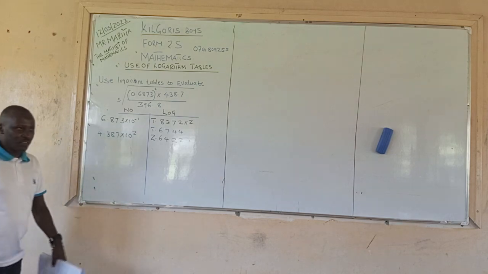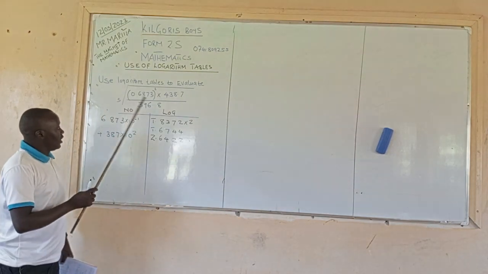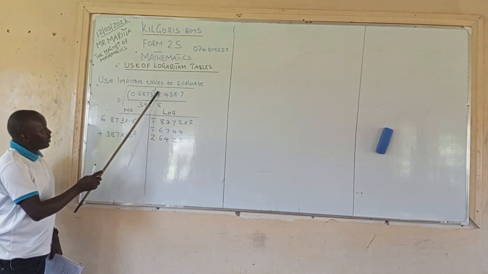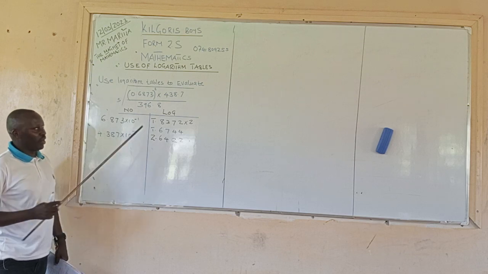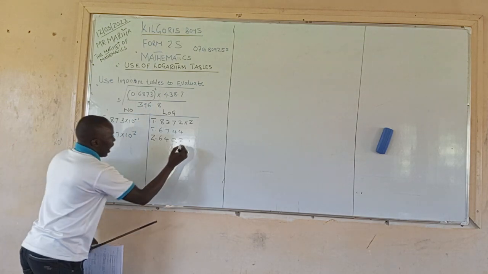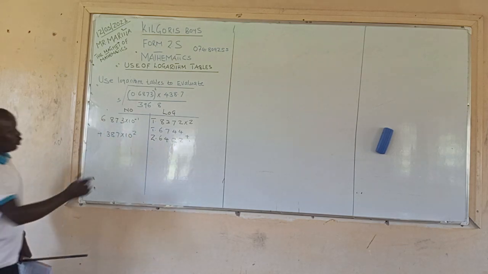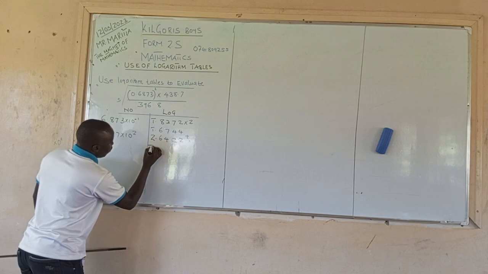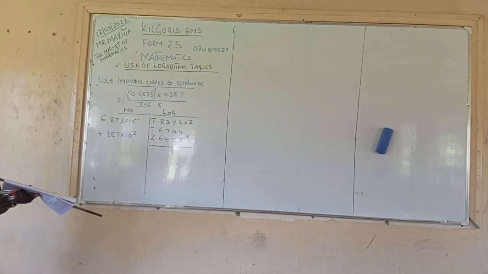Again, what do you know? When you are dealing with multiplication, a multiplication will change to the addition of the logarithms of the numbers. So this multiplication will change into the addition of these two numbers. We add the two numbers there.